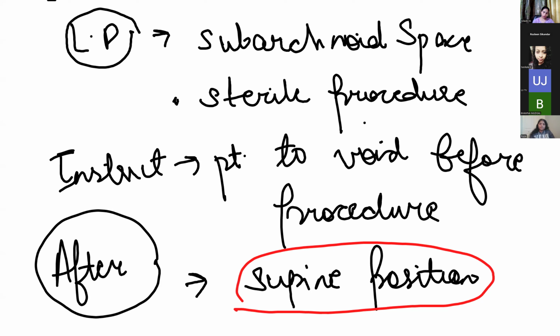Few more things which you need to keep in mind: after lumbar puncture, you need to instruct the patient to increase the fluid. You need to increase the fluid of the patient.